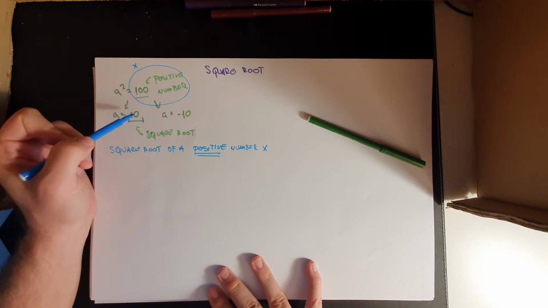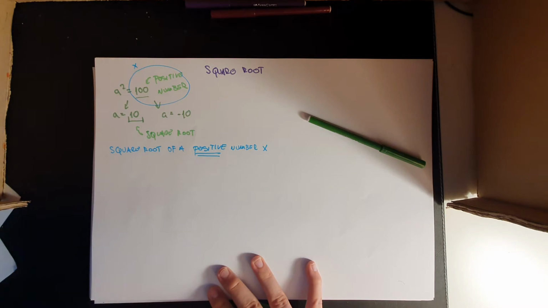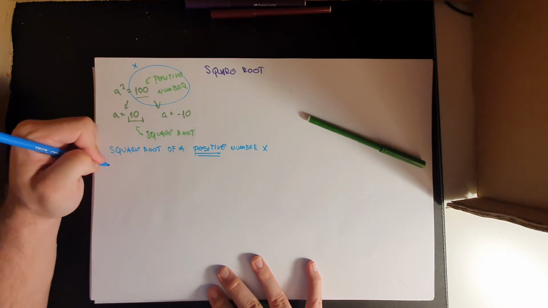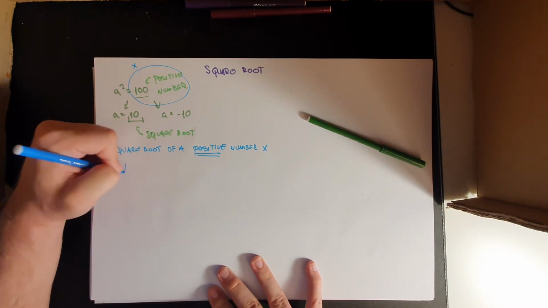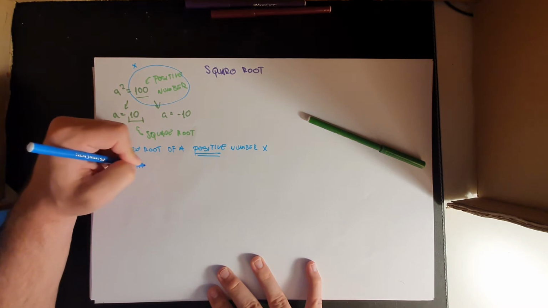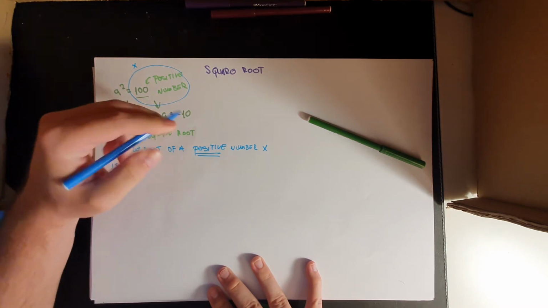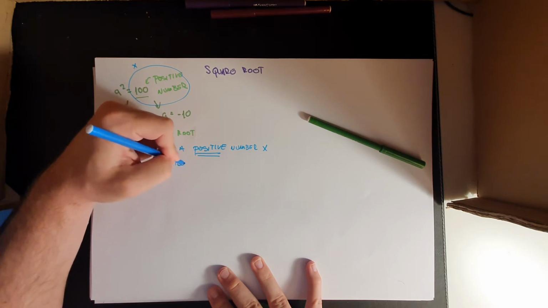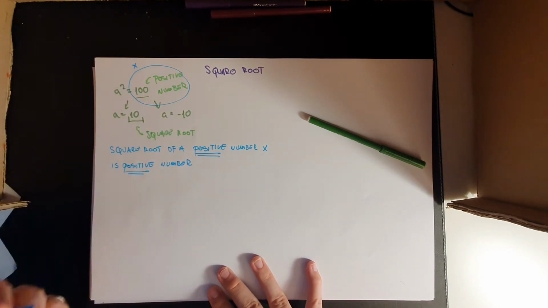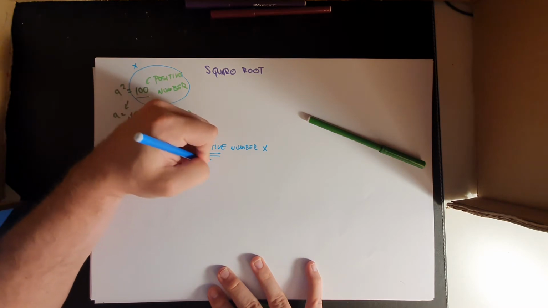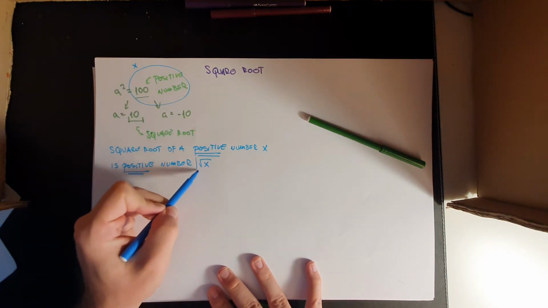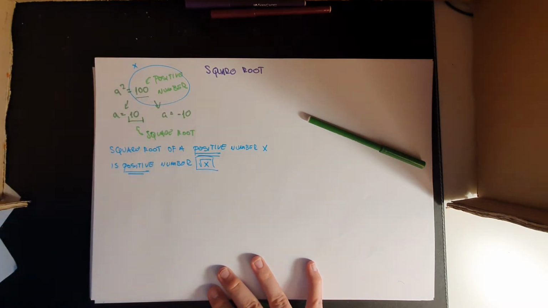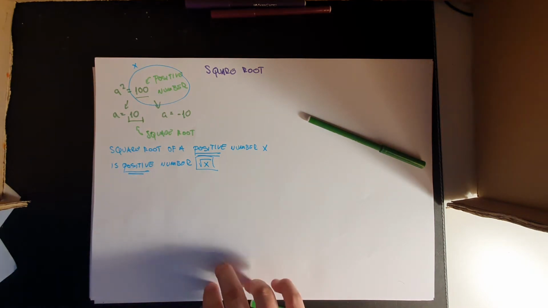I want to get to the root, the idea. So the square root of a positive number x is also a positive number, which we define as the square root of x. This is the way we write it down, the square root of x.